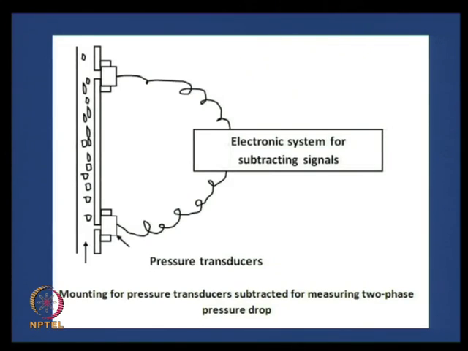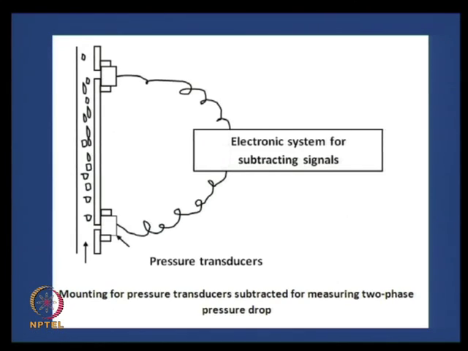So, by doing this, what good have we done? See, the transducers are wall mounted. So, therefore, the tapping line content, the ambiguity in the tapping line content, all those things we have done away with. They are wall mounted and we have an electronic way of subtracting both of them.